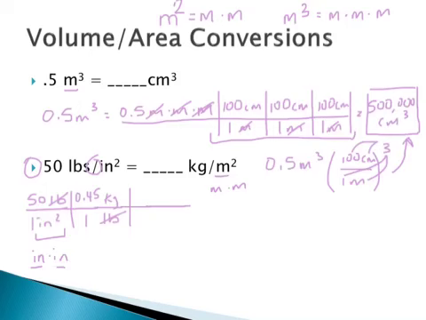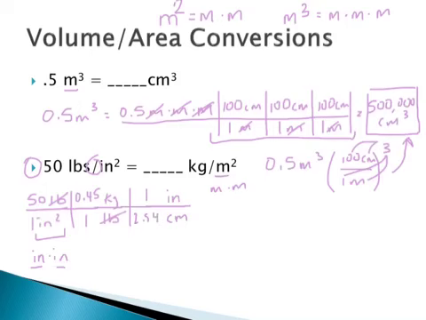So looking at my conversions, looking at inches, 1 inch equals 2.54 centimeters. So I'm going to use that one. Inches is in the denominator, so I need to cancel that out. I'm going to put inches in the numerator, centimeters in the denominator. Okay, and my conversion is that 1 inch is 2.54 centimeters.